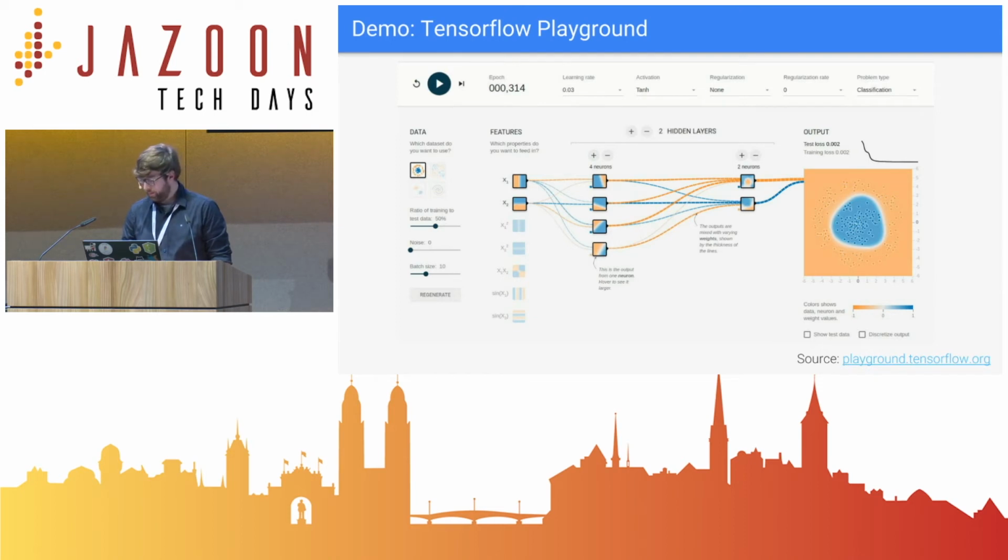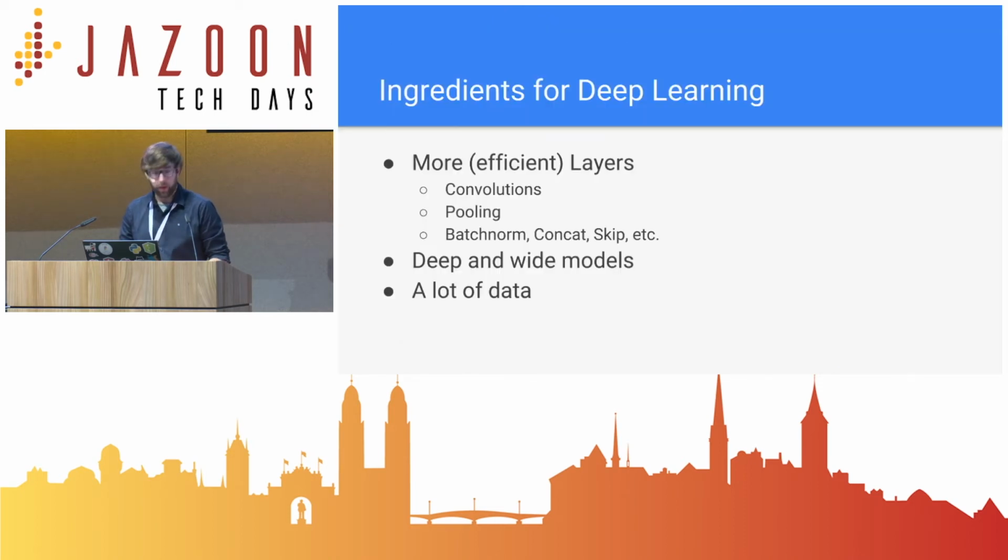So let's continue. Now we are at neural nets, but we are not at deep learning yet. So what are the ingredients to go from neural nets to deep learning? Well, we will have a lot more data. A lot more data also requires more efficient layer structures, because, as we'll see later, if the input gets very large, the number of parameters gets very large.